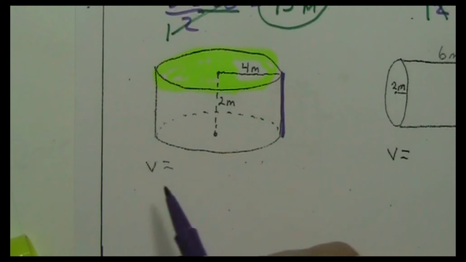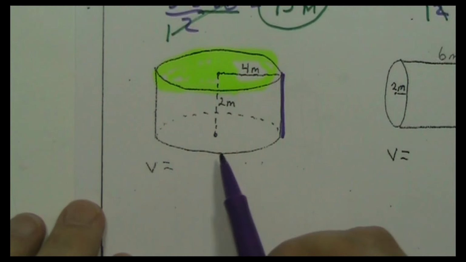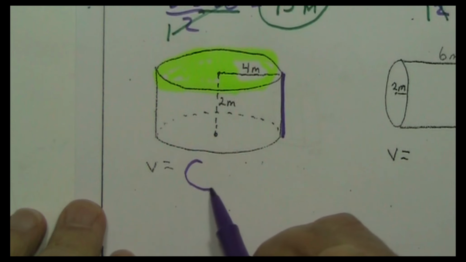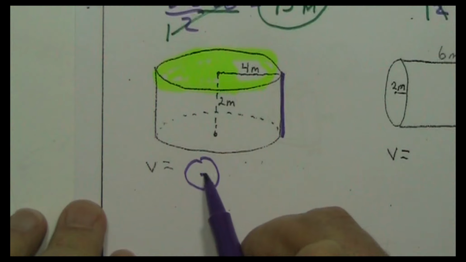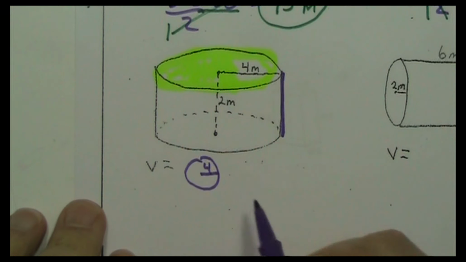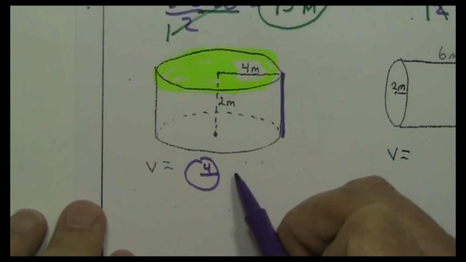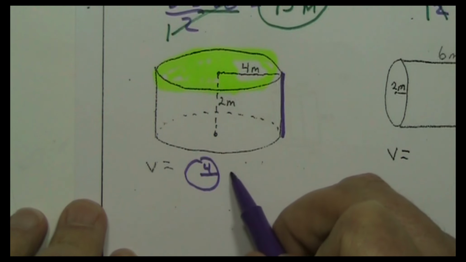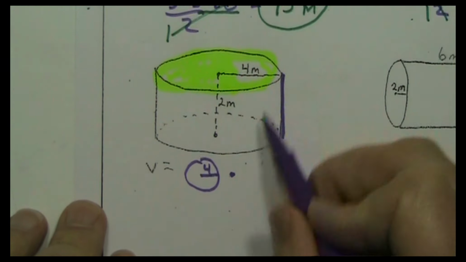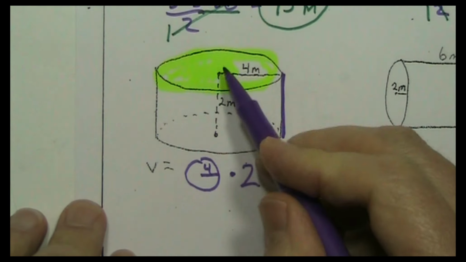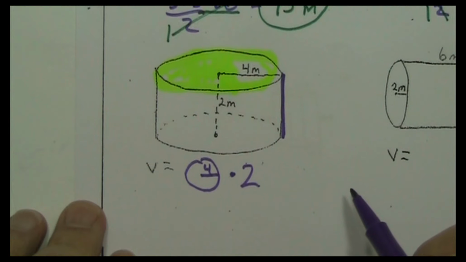All right, well, we need to figure out this area, right? So we have a circle with a radius of 4 meters, and we figure out that area times how long it is, which is 2. It's this circle that long.